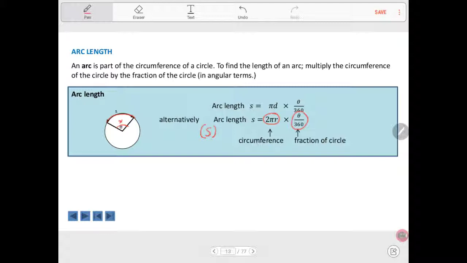So just like when you take a slice of pizza from the full pizza pie, you're removing a sector of that pizza, and the crust would be the length around the crust of your pizza. Imagine a slice of pizza with toppings and stuff. That distance around the crust is your arc length.